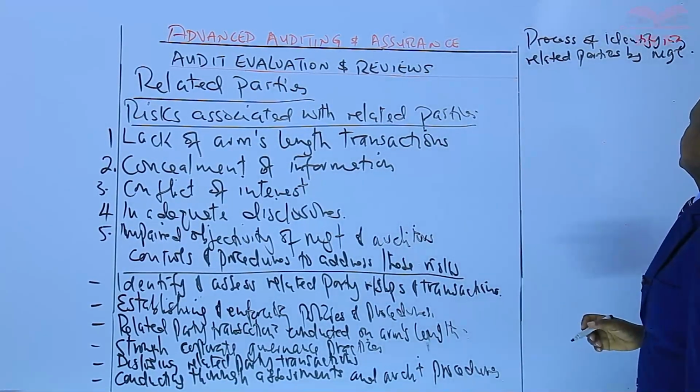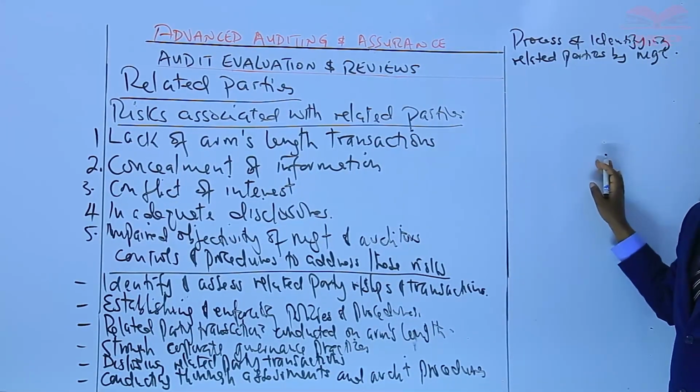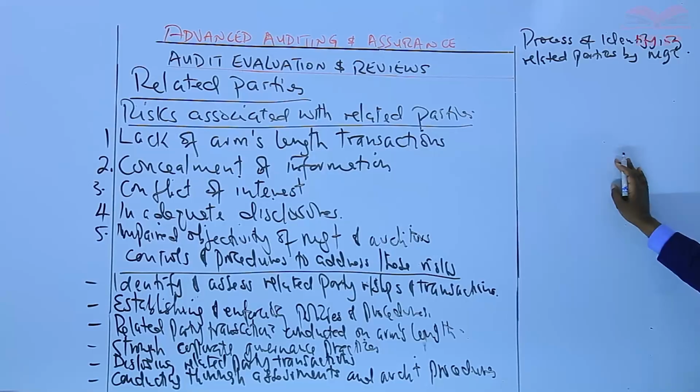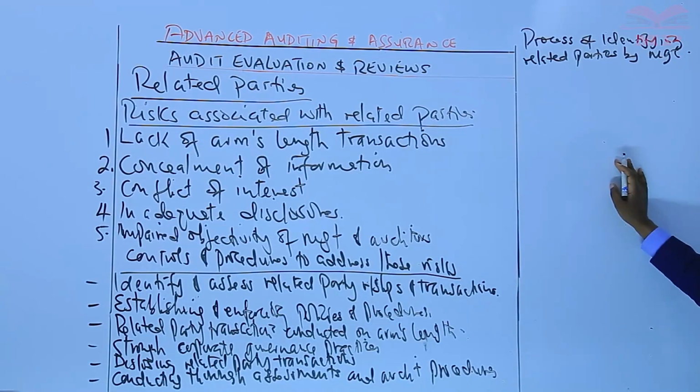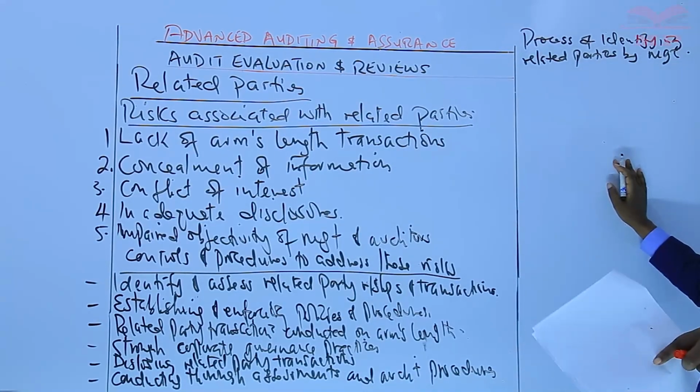The process of identifying related parties is typically the responsibility of management, and it involves a systematic approach to identify and disclose relationships with the related parties and transactions with such parties.